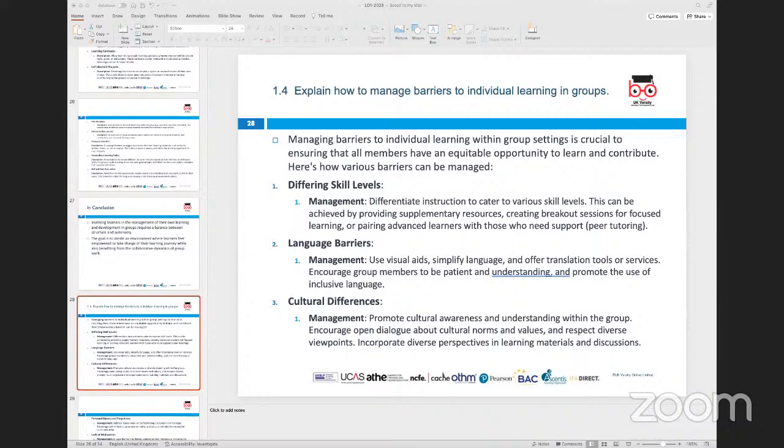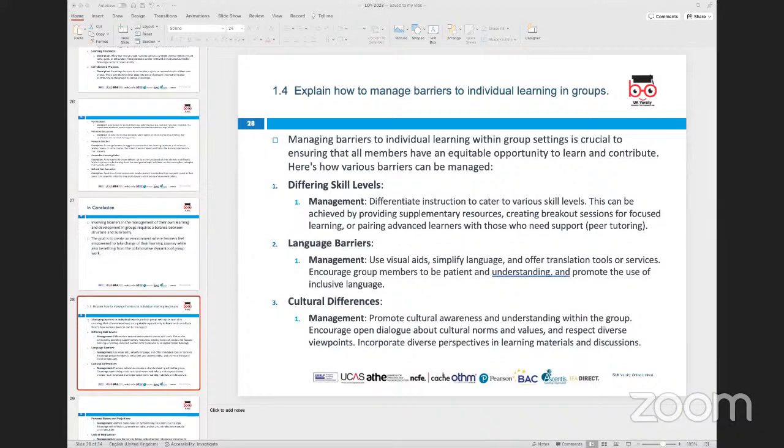External barriers which could prohibit your learning in groups could be peer pressure or fear of failure. You also have intrinsic barriers, which could be mental health disorders or learning disabilities, and they would all be treated as barriers.